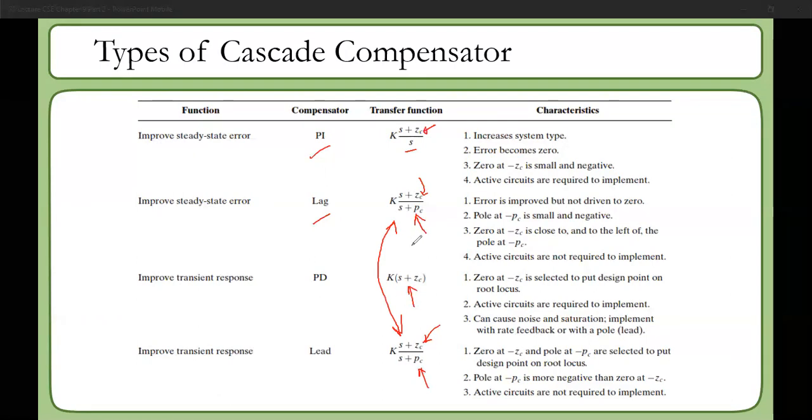Only the fact is that here your PC is smaller than ZC, and here your ZC is smaller than PC. Which one is closer? If PC is closer to the origin, then it is a lag compensator, and if your ZC is closer to the origin, then it is a lead compensator.